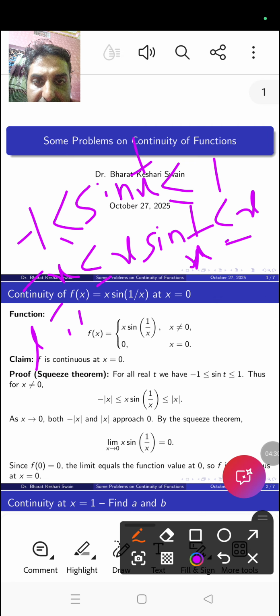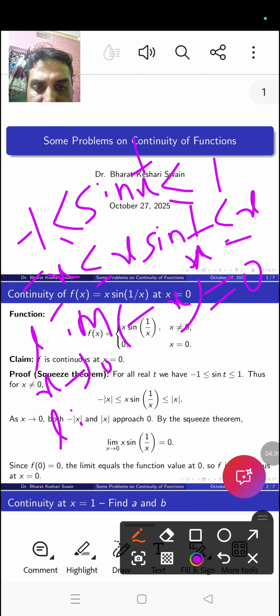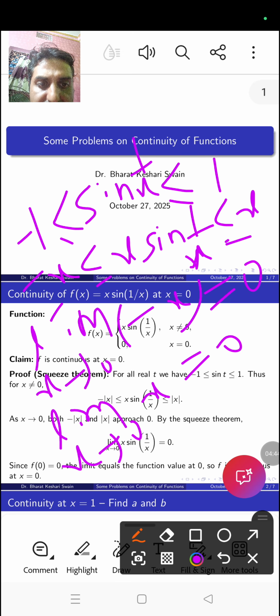Now take the limit as x tends to 0. As x tends to 0, -x will be 0. Now the limit as x tends to 0 of x is also 0.